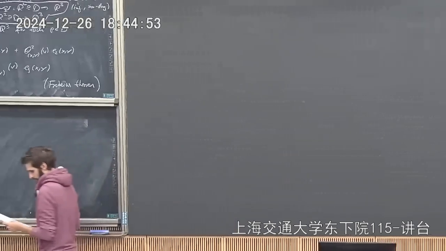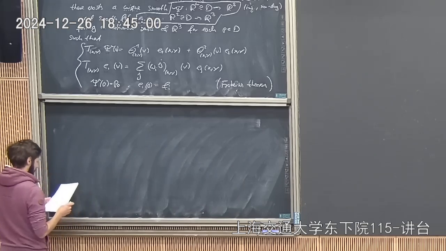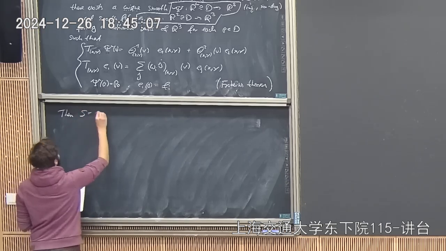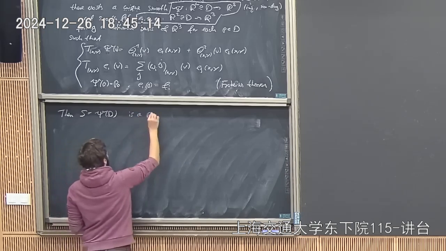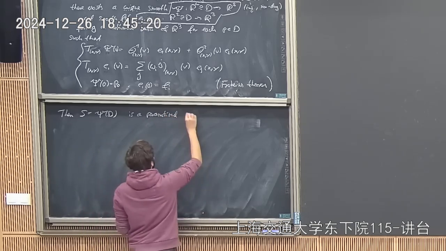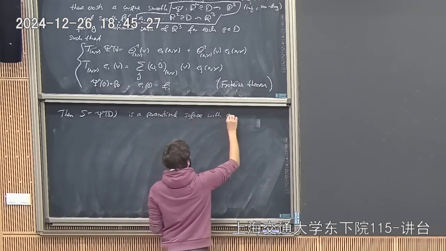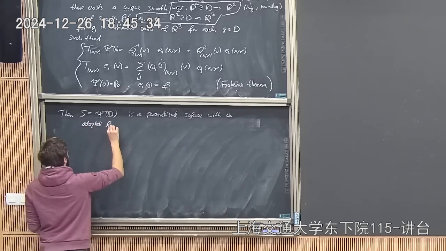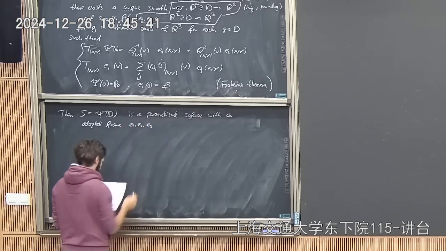Okay, and the point now is that once we have the solution to these equations, we define S to be the image of the solution, which is then a parametrized surface with an adapted frame E1, E2, and E3.